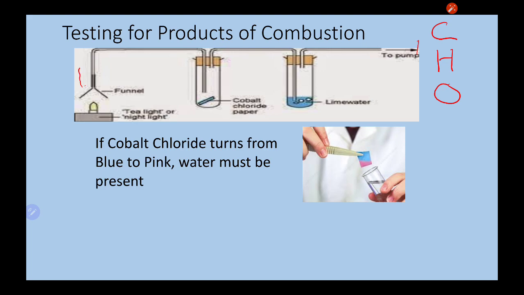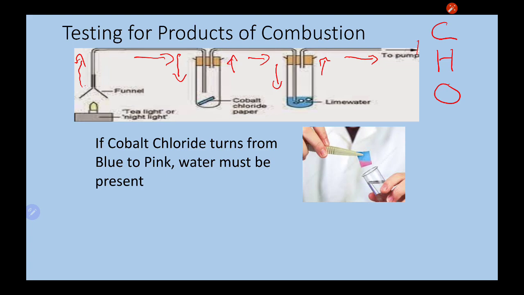It begins up here, travels along here, bubbles down here, then gets sucked back up here, along here, bubbles down here, gets sucked back up here, and out. Which means that whatever is coming off of that candle, the products, are going to go into each of these test tubes in turn.